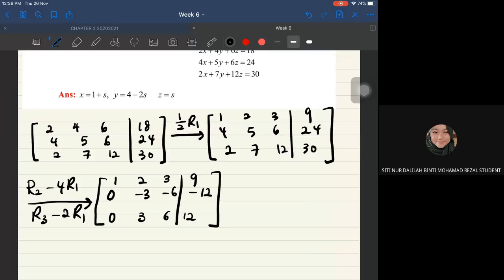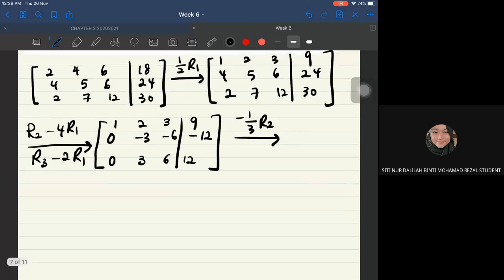Okay. So the next step here, I nak jadikan -3 tu 1. So kena darabkan dengan -1/3 R2. So therefore, I will have 1, 2, 3, 9, 0, 1, 2, 4, 0, 3, 6, 12.